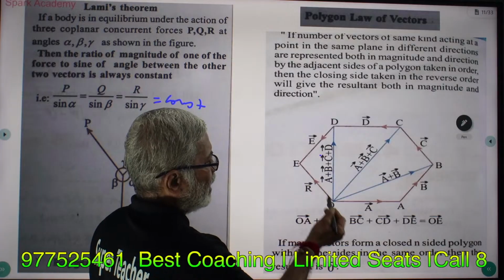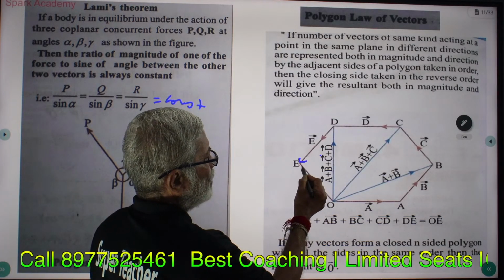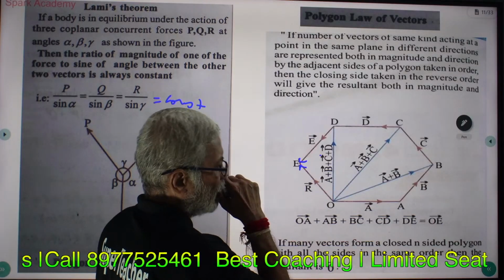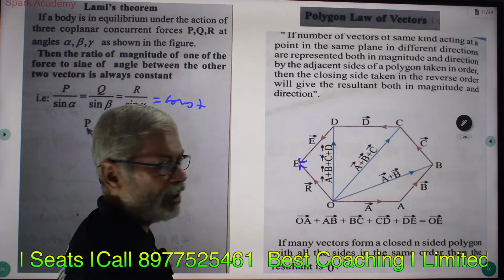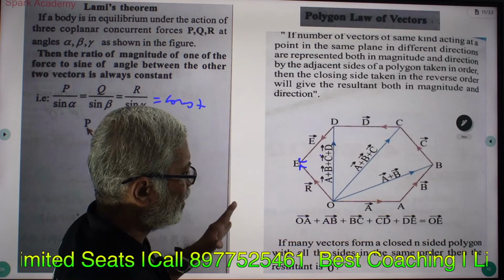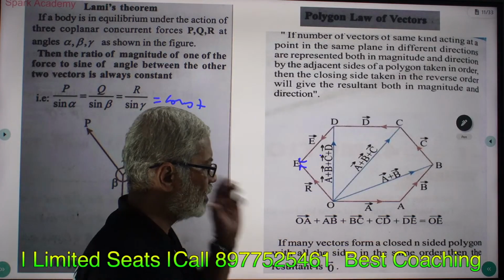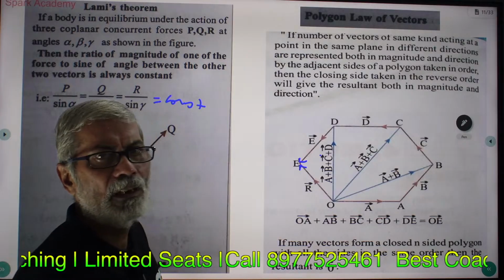The closing vector is in the opposite direction. Like that, n number of vectors you can put in the polygon loop, and if there are n such vectors forming the sides of a polygon, then the resultant will be 0.